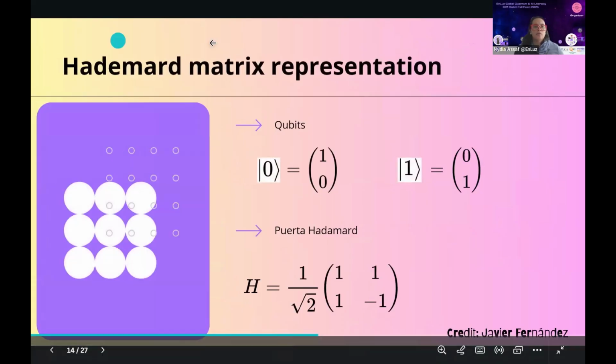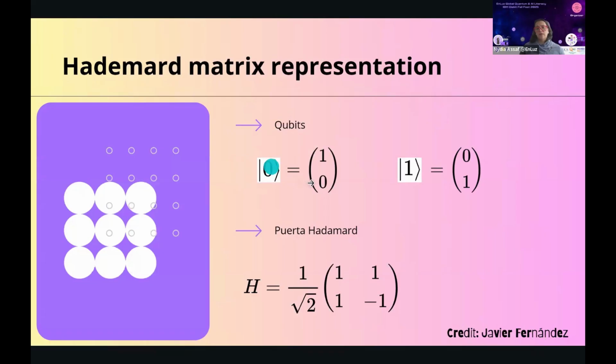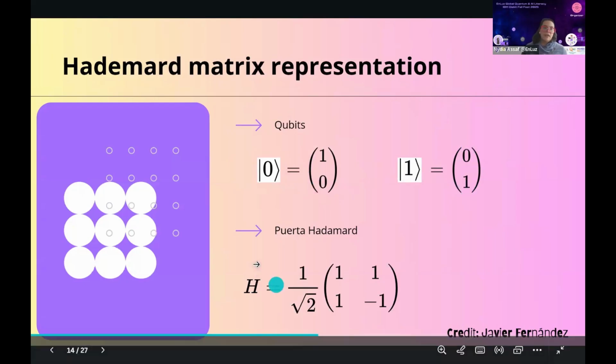Now, the Hadamard matrix representation here is for this zero ket. Here is this representation. The way I think of it is that if there is a zero here, similar to how Raynell explained it from IBM, to consider this as the x-axis, and then 1 here. Now, if you could see here in the Hadamard gate, you have the negative phase here, and in these matrices, whenever you see 1 over the square root of 2, this is a consideration of the 50-50.